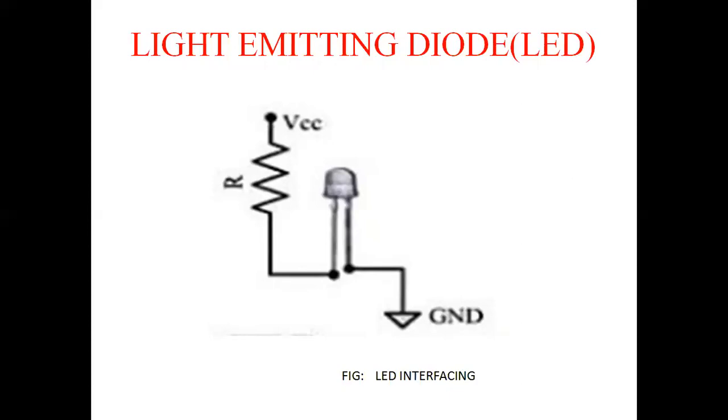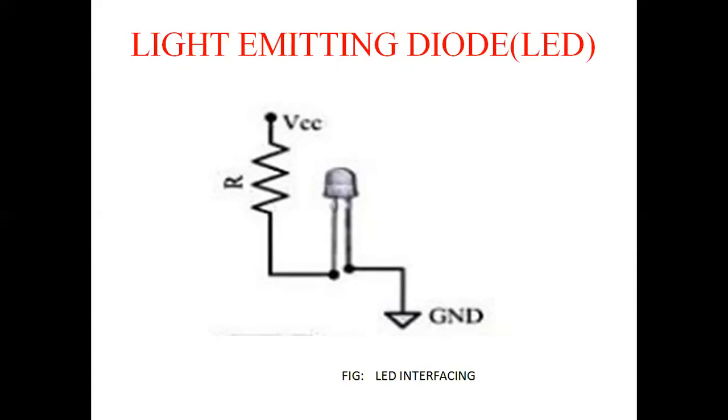The light emitting diode, that is the LED, is a PN junction diode which contains an anode and a cathode.